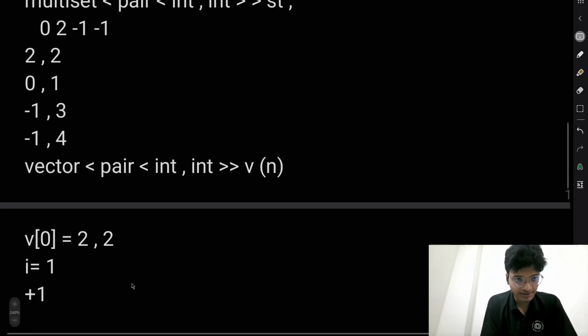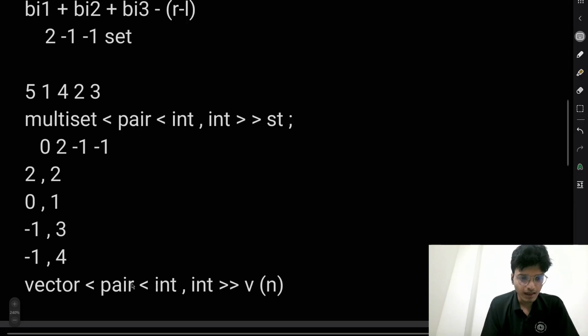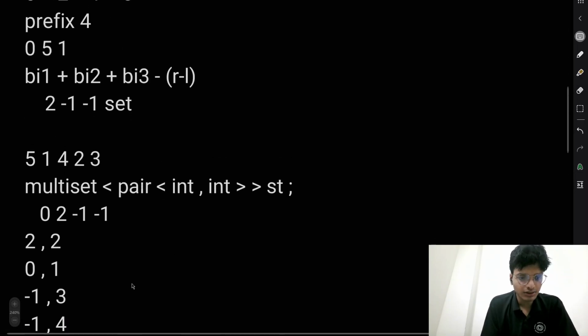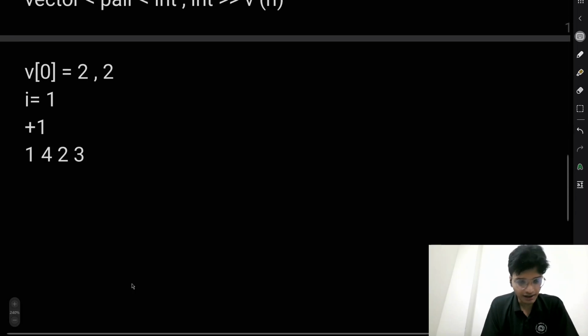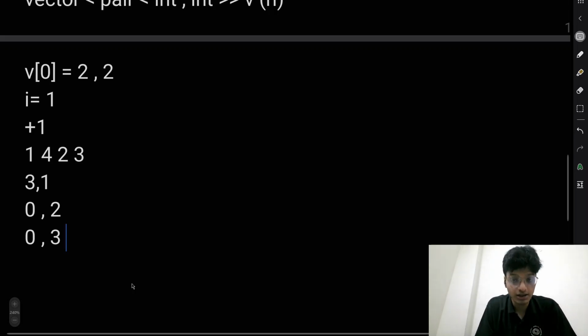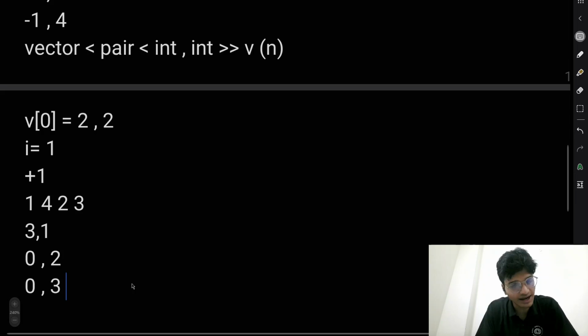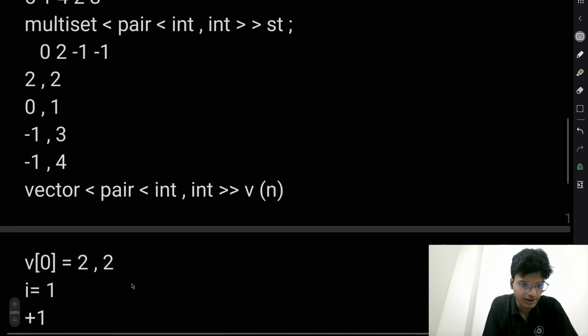If we are at the ith index, that is 1, 4, 2, and 3, then if we are at i equal to 1, what would be the values so far? 3 and 1, 0 and 2, and 0 and 3. The values change, but the maximality doesn't change at all. So it doesn't matter if you are moving forward, and that's why we will always get the maximum part of it.